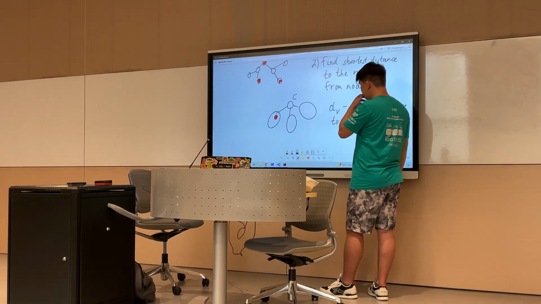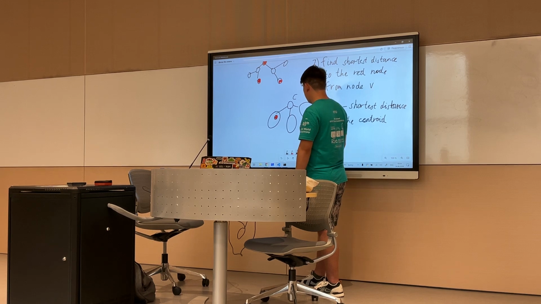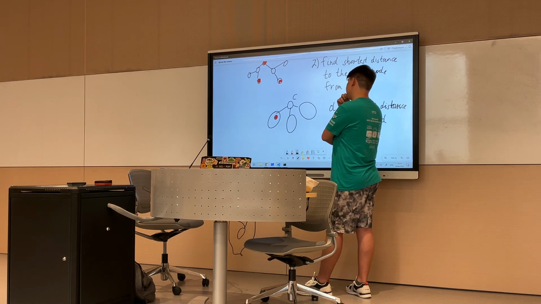Okay, let's calculate the shortest distance to the red vertex for our centroid, and for every vertex that lies in that tree, we need to store the distance.